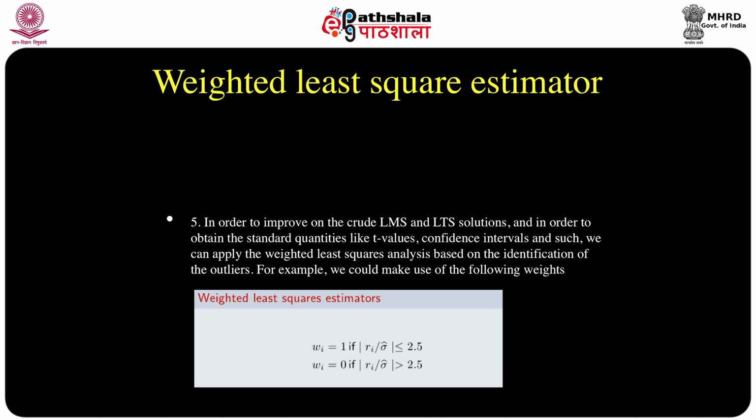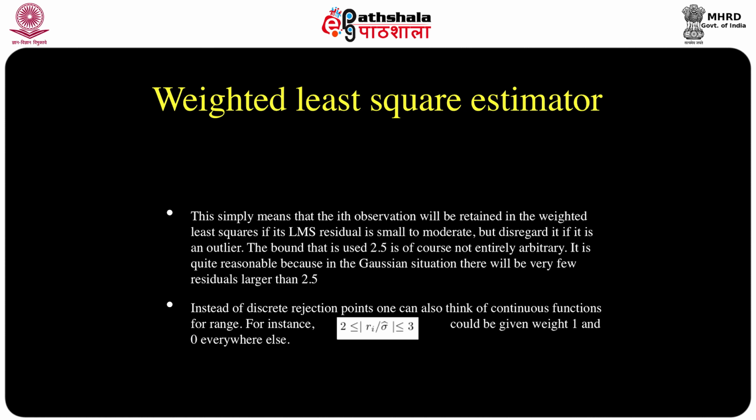We can use the weights as follows. Wi equals 1 if the absolute value of residual divided by sigma hat is less than 2.5, and Wi, which is the weight, equals 0 if the absolute value of residual i divided by sigma hat is greater than 2.5. This simply means that the ith observation will be retained in the weighted least square if its LMS residual is small to moderate, but disregarded if it is an outlier.